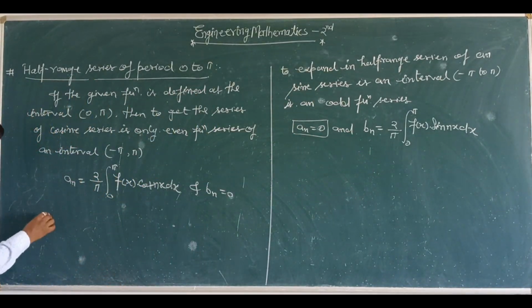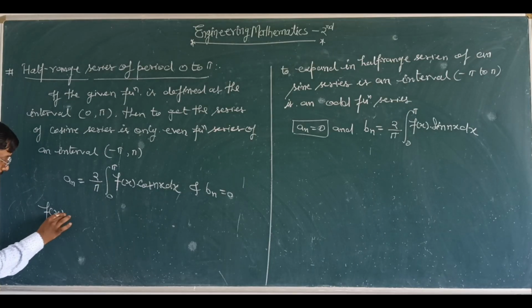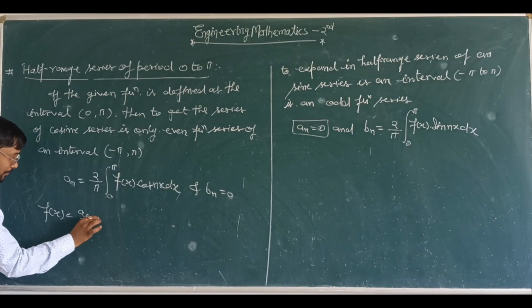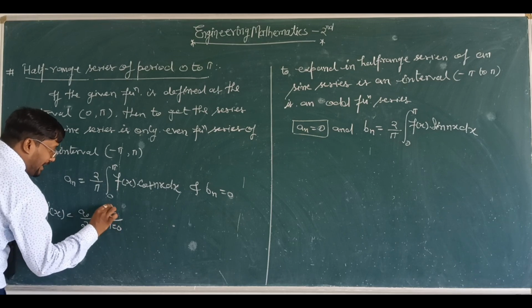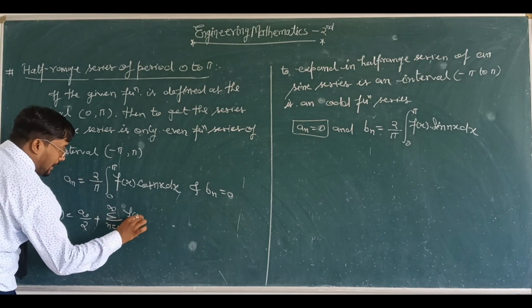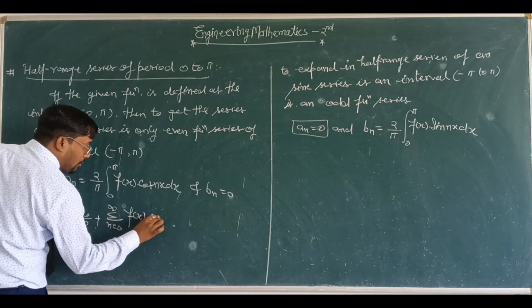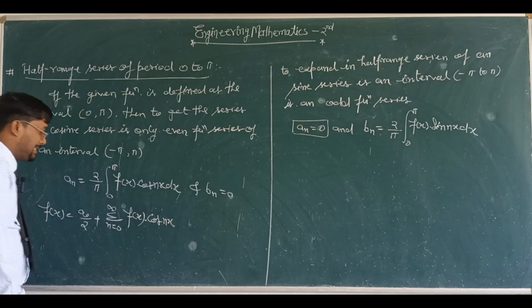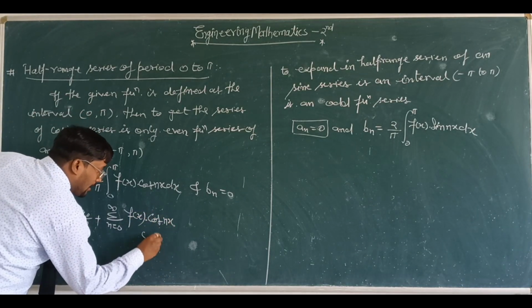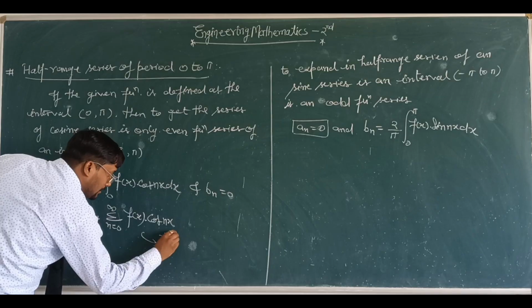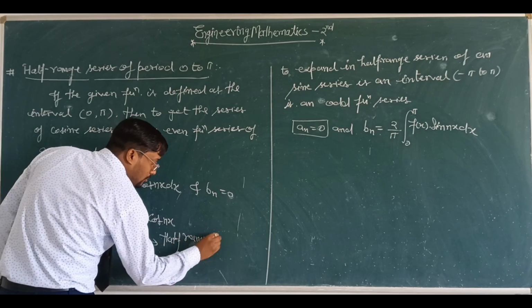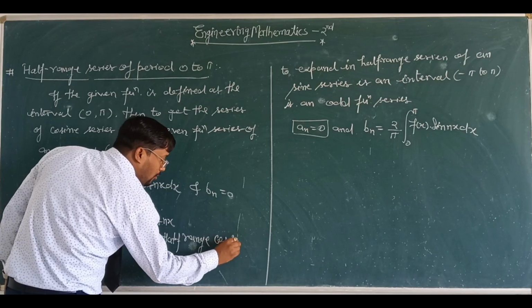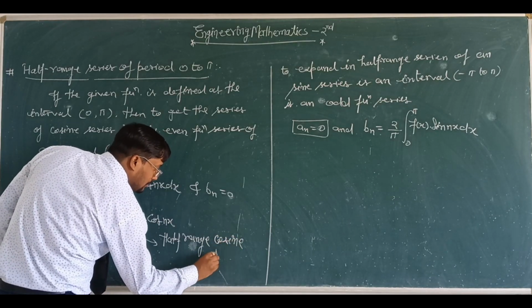Now you can write f(x) is equal to a naught by 2 plus summation n equal to 1 to infinity an cos nx. This is known as the half range cosine series.